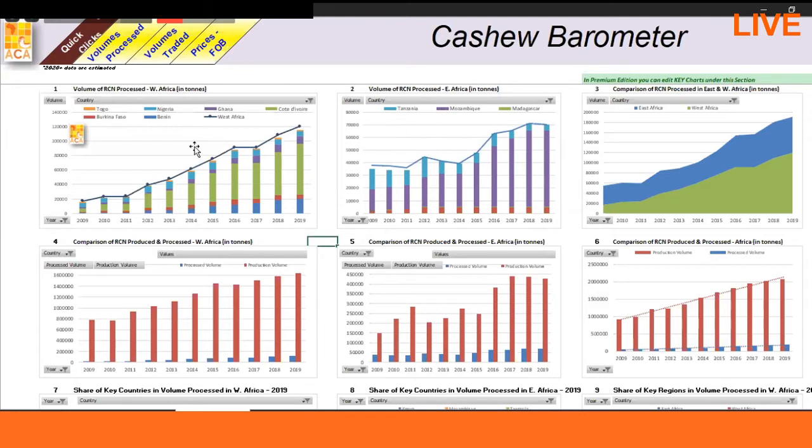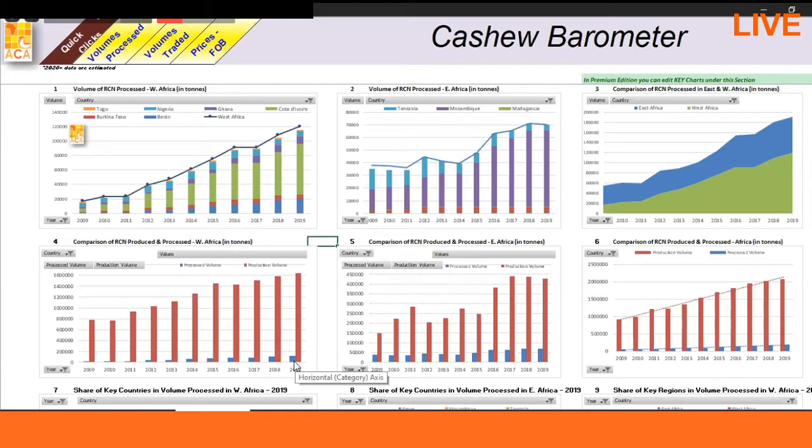Again, we are showing West Africa, East Africa, and comparing the two blocks. And similarly, also comparing here in this particular chart, the volume produced in the region, West Africa, compared with the volume processed.